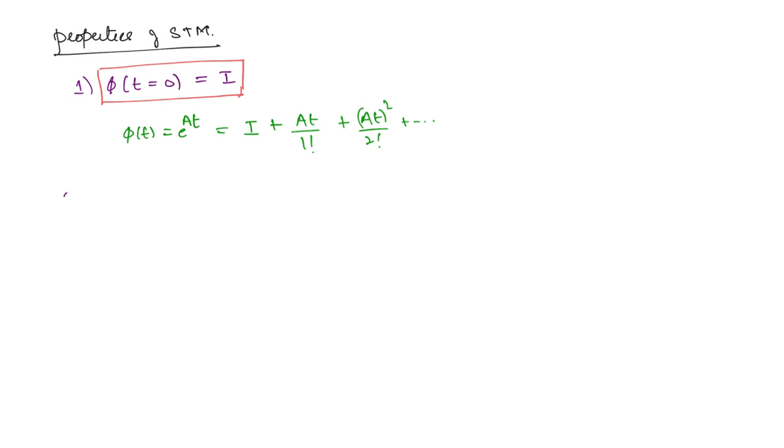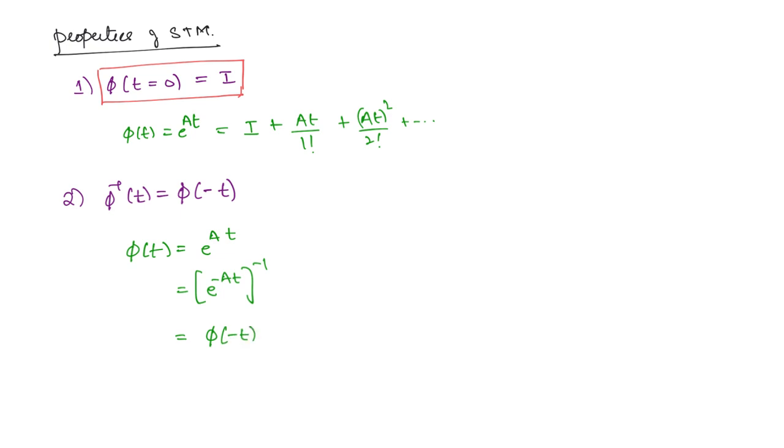Next, phi inverse of t is equal to phi of minus t. The proof is similar. Phi of t is equal to e to the power A t, we know. Now this we can write as e to the power minus A t, whole to the power minus 1. Now e to the power minus A t is nothing but phi of minus t.